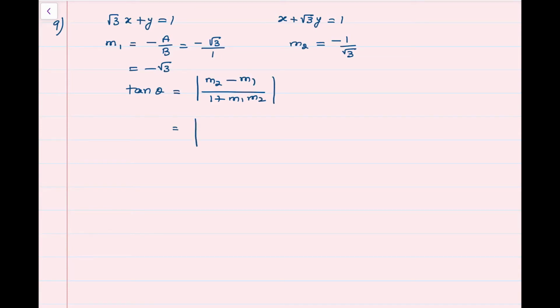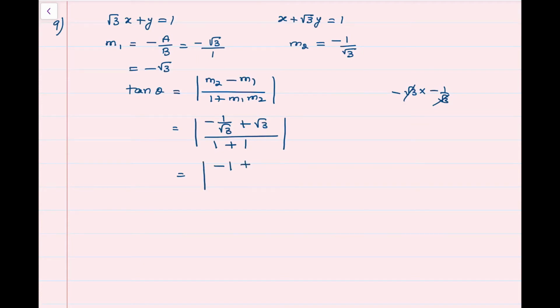Absolute value of minus 1 divided by root 3, minus of minus root 3 will become plus root 3, divided by 1 plus minus root 3 times minus 1 by root 3, which will become plus 1. We will take the LCM in the numerator.